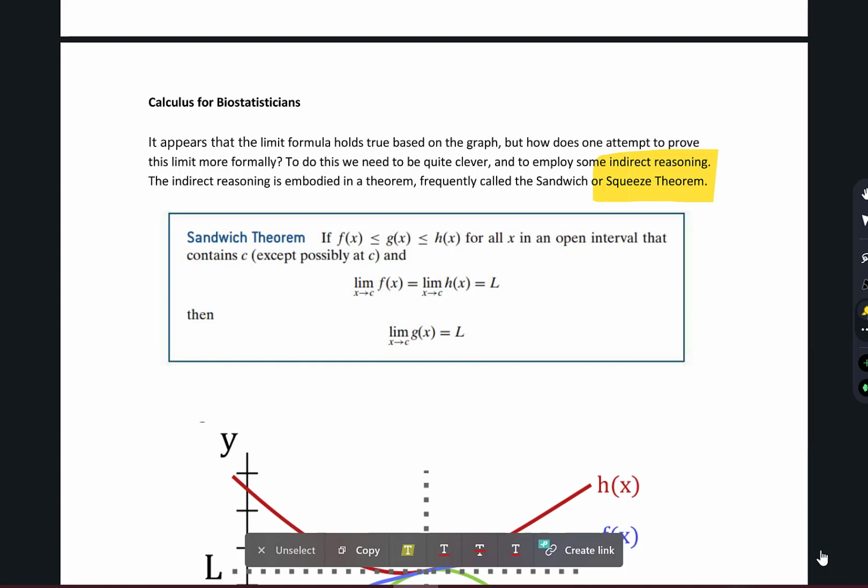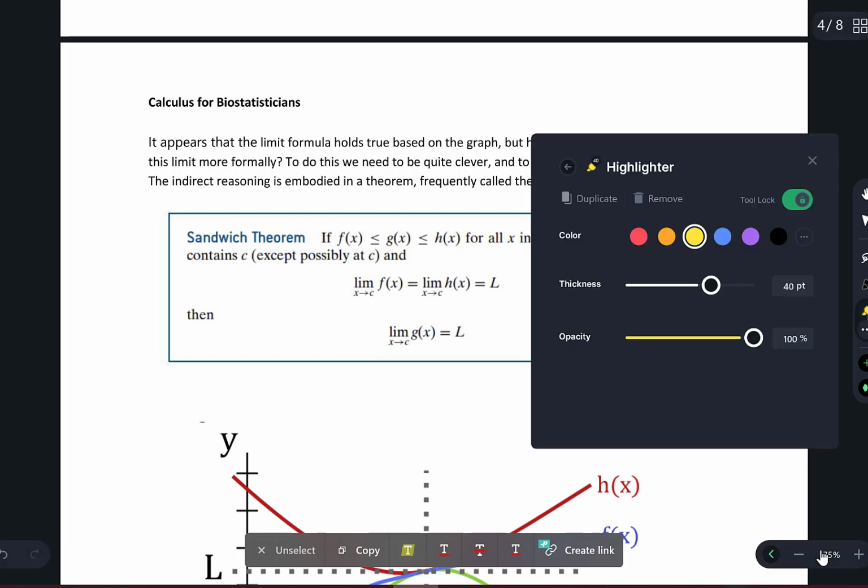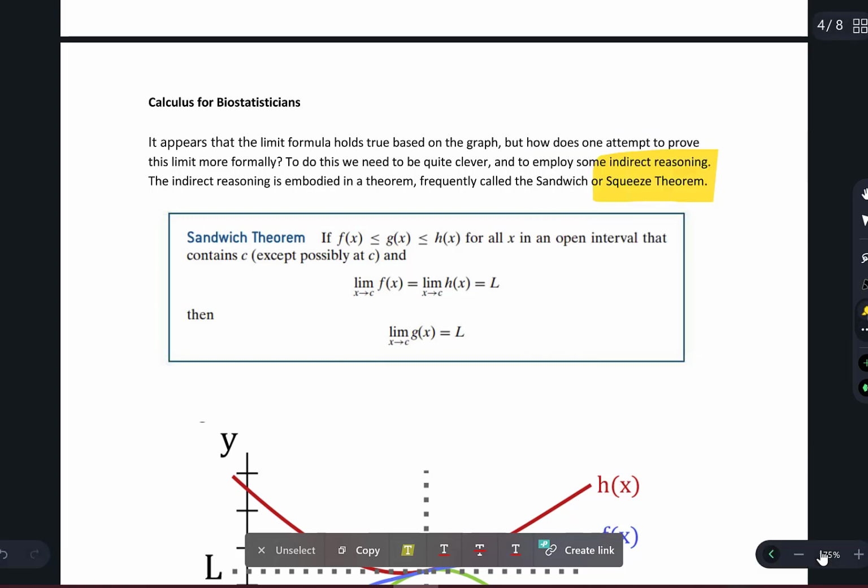And so here is the basic idea of the sandwich theorem. If we were interested in learning about the limit of g of x, so this is the function that we're interested in, like in the previous page, we had sine of x divided by x.